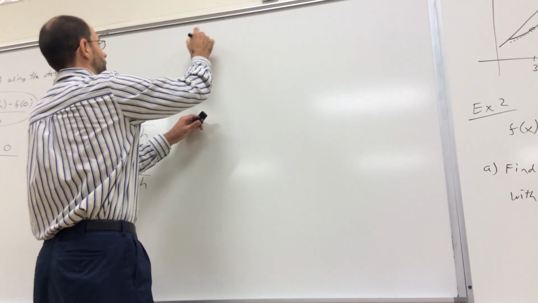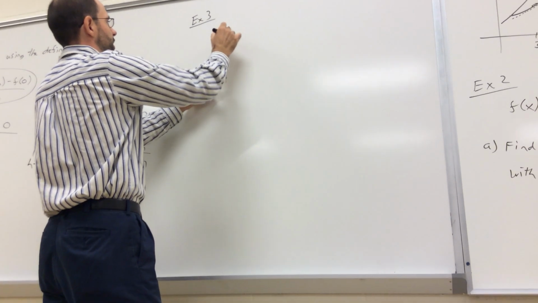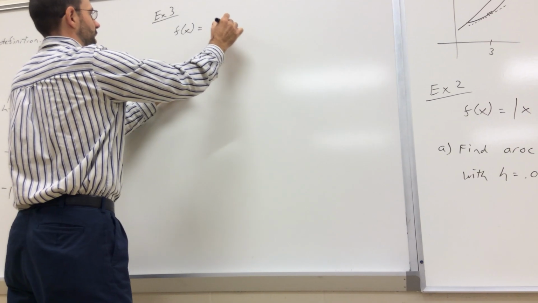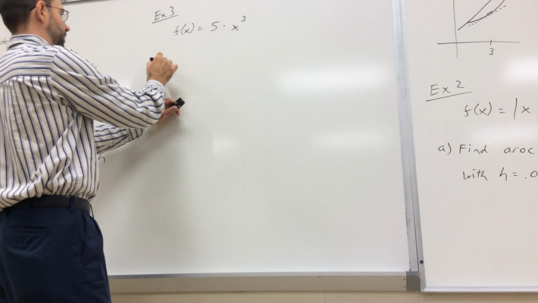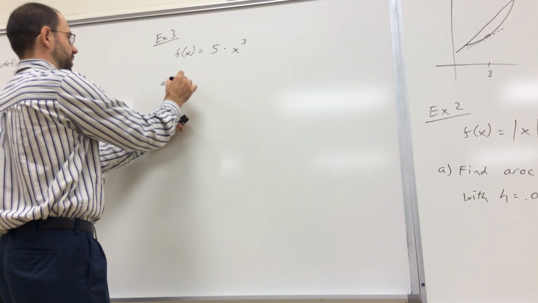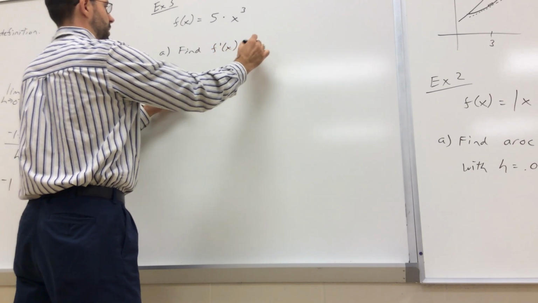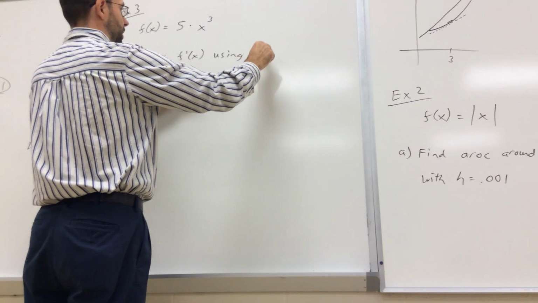Let's see. We're going to have f of x equals 5 times x cubed. And for part A, we're going to find f prime of x using the product rule.